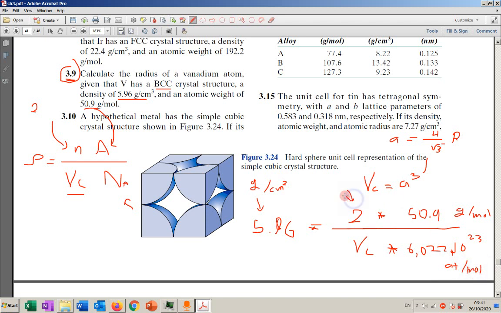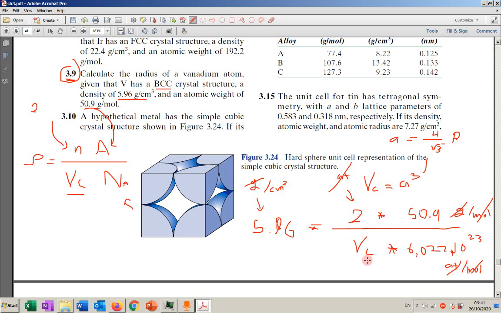This 2 is going to be the number of atoms, and this is gram per mole. And we have atoms per mole here. So if you check them, atom will cancel atom, mole will cancel mole, and gram will cancel gram, then we have centimeter cube remaining.